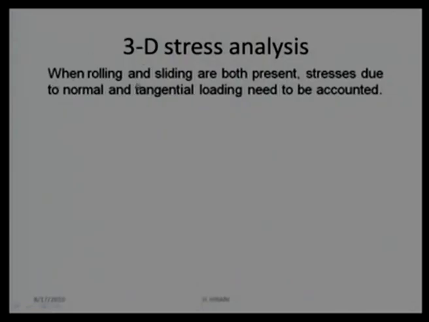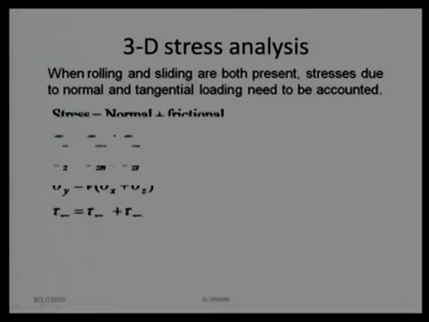When rolling and sliding are both present, stresses due to normal and tangential loading need to be accounted for. So the load is not only the compressive load imparted from the cam surface, but there is also load because of friction. The stress value can be calculated as follows. We assume the cam and follower are in the x and z plane, with an x axis and a z axis, and perpendicular to that the length of the follower is along the y direction.